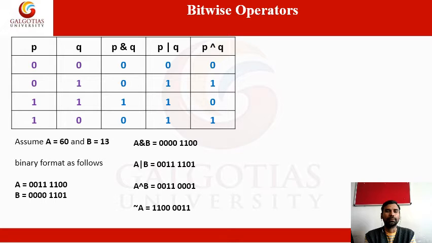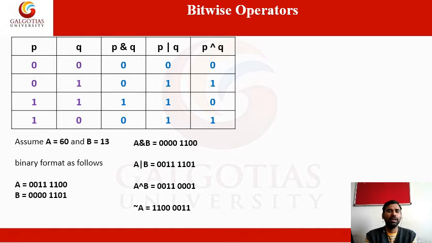So we take a simple example, 60 and 13. How do we represent the binary equivalent of 60 and 13? I already told you. 60 is a two-digit number, and we need each digit represented in hexadecimal format.